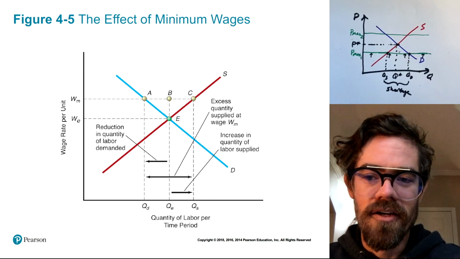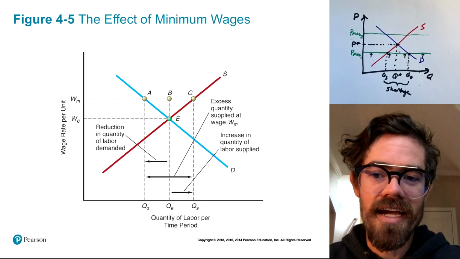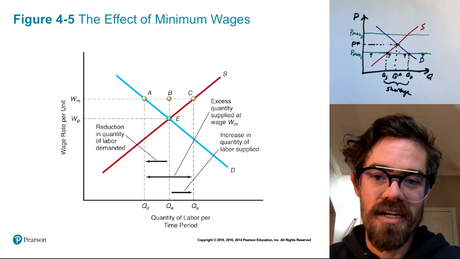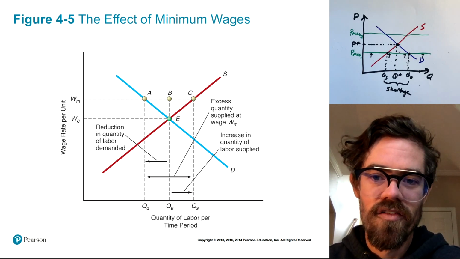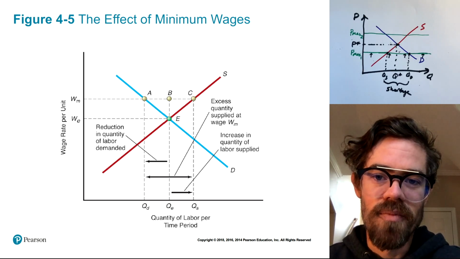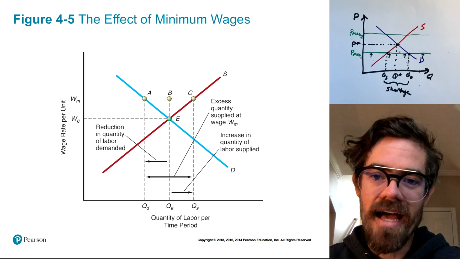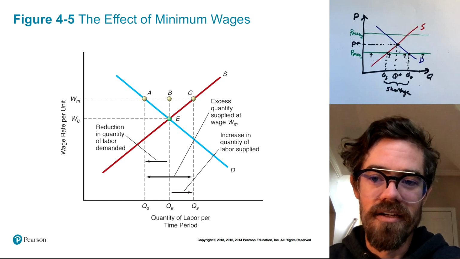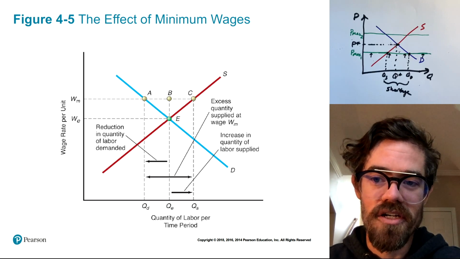So it's good for people who can get the jobs, but for those that cannot get the jobs, it's not really a good thing. In fact, they may even be willing to work for a lower wage, but because of the legality, they're not able to. Although there are black markets. There are plenty of workers who work for less than minimum wage, and it takes place in a black market.